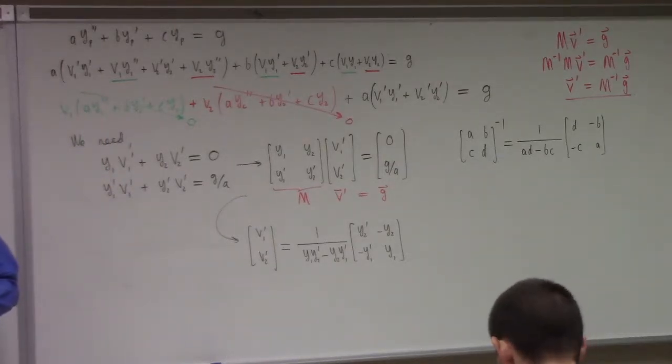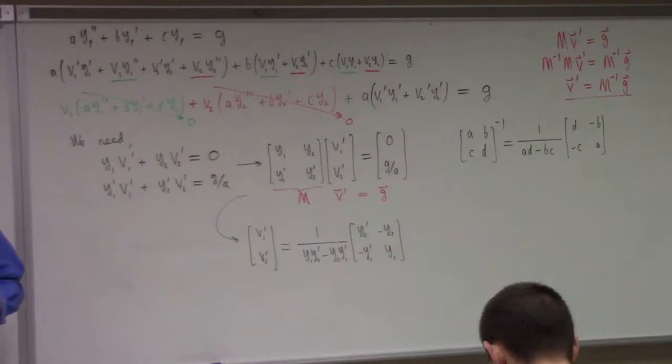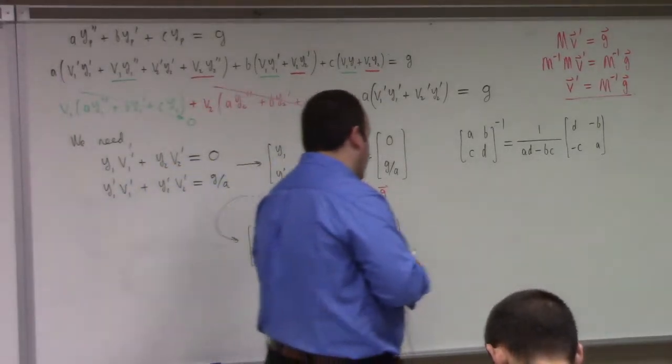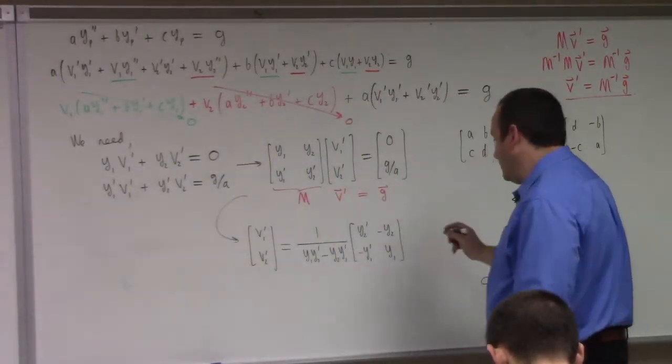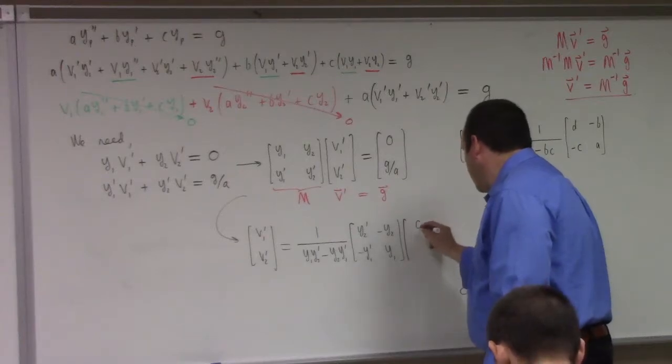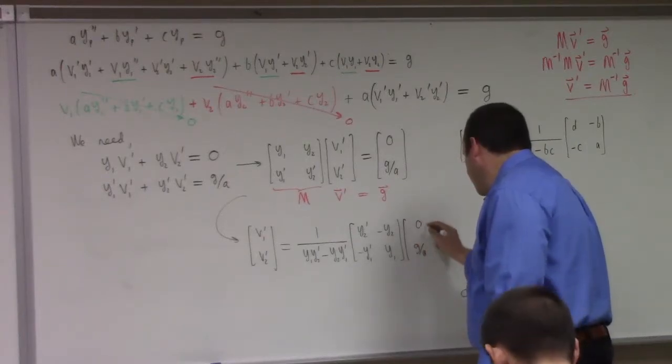That's the Wronskian, right? So that's non-zero by assumption. So we can divide by it, which is to say that this inverse is defined. And I have to multiply that by 0 and G over A like so.